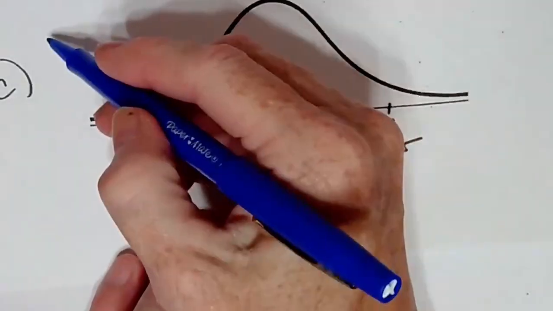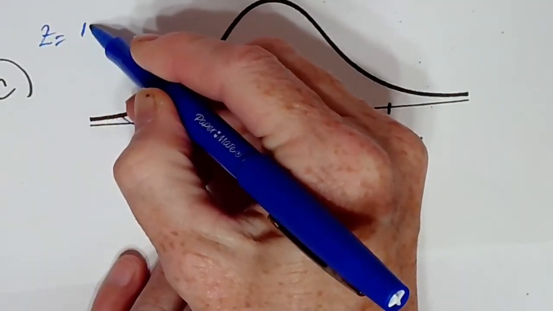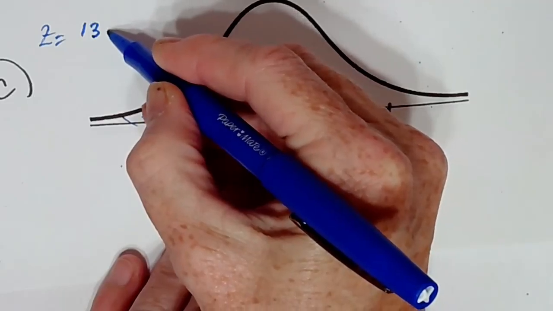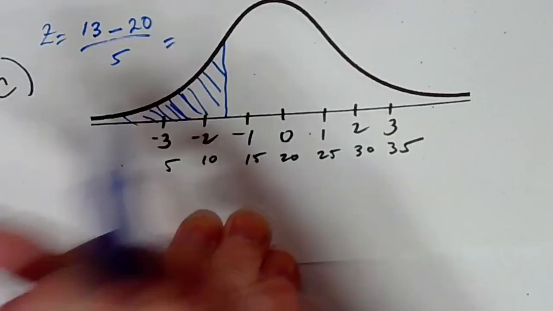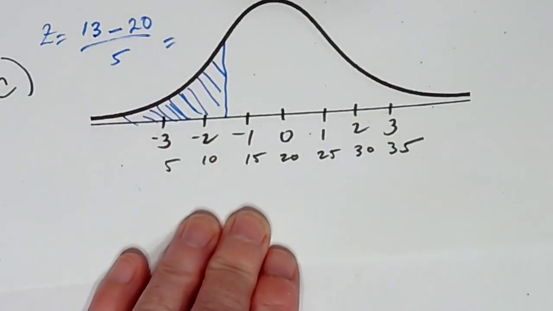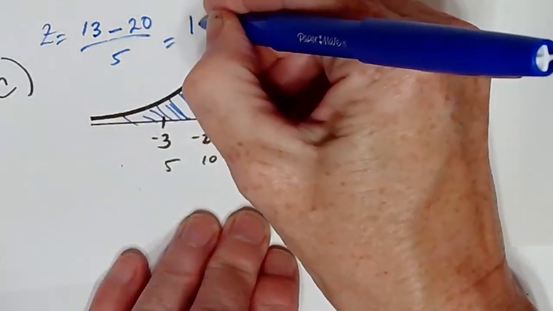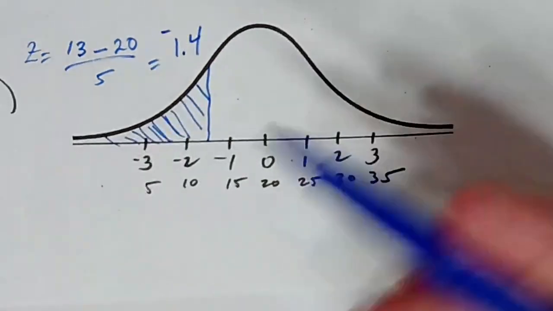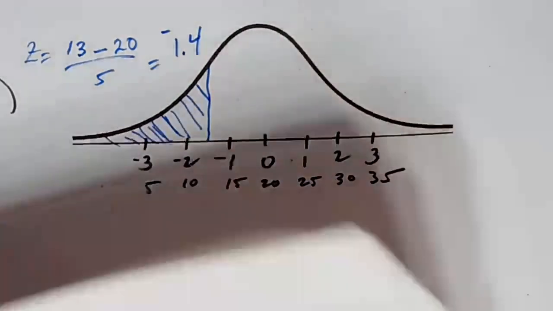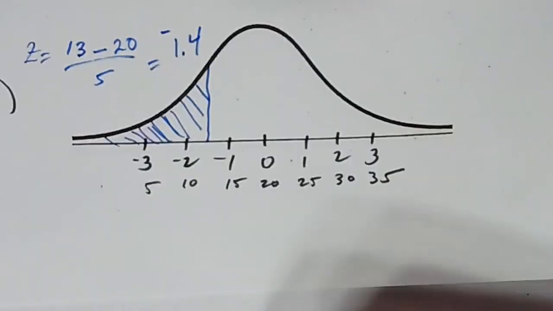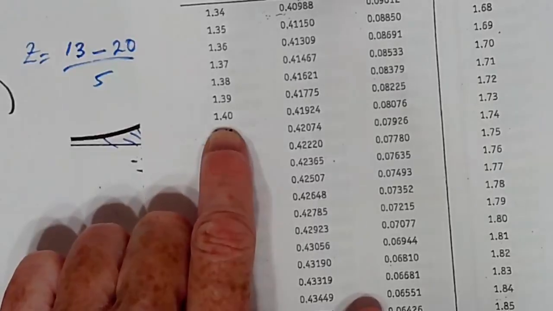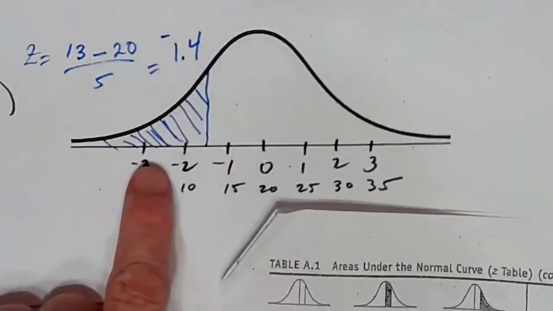Z equals X minus the mean over the standard deviation, so 13 minus 20, divided by 5. 13 minus 20 is negative 7, divided by 5, so it's negative 1.4. The negative tells us it's going to be the area beyond Z going that way. With a Z of 1.40, we're looking for the area beyond Z because it said everyone below 13.